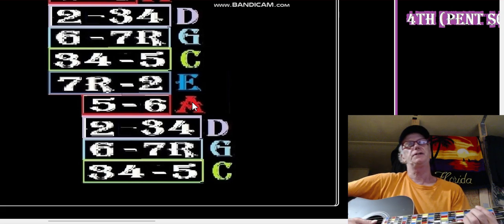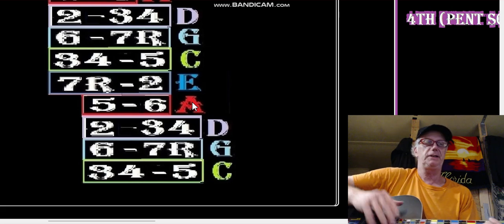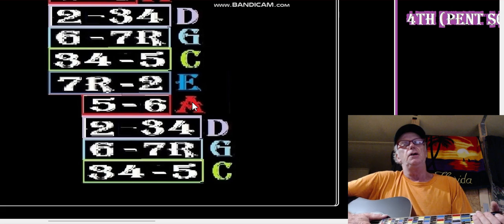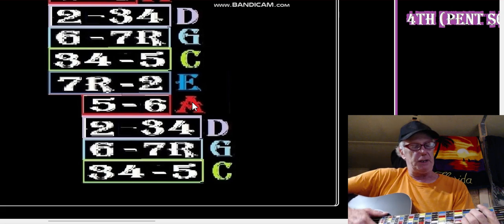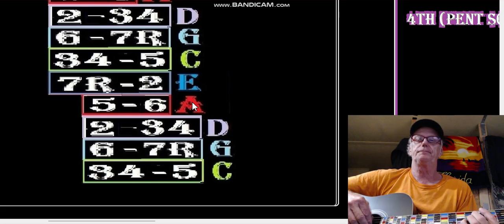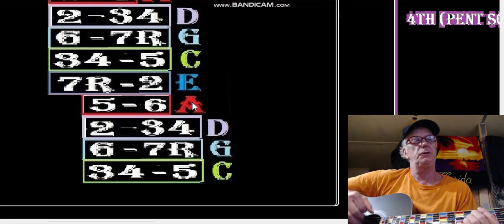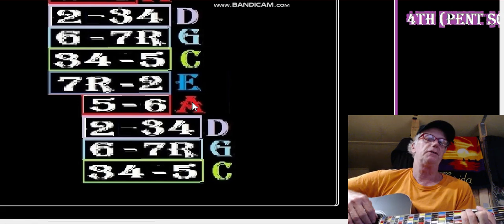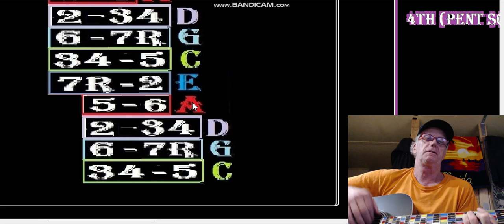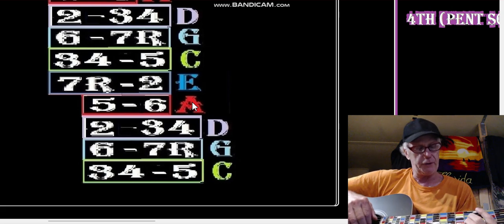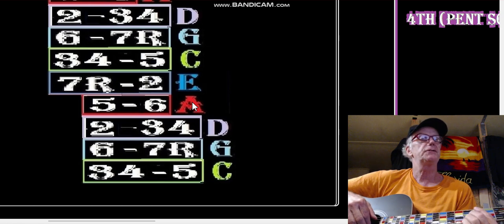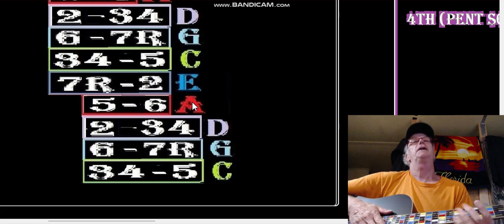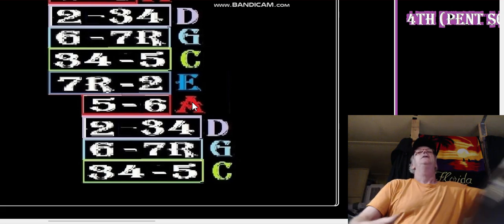But you can always suspend the root chord and stay in the mode, and then on the fifth you can suspend the fourth. On the fourth, you can always do the major seventh there. Okay, that was a digression.